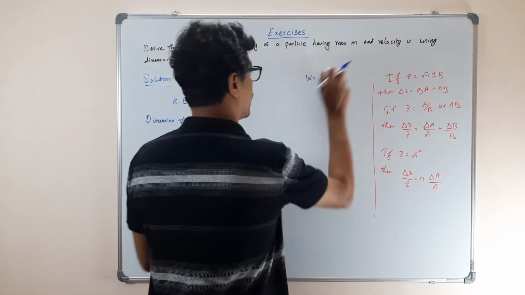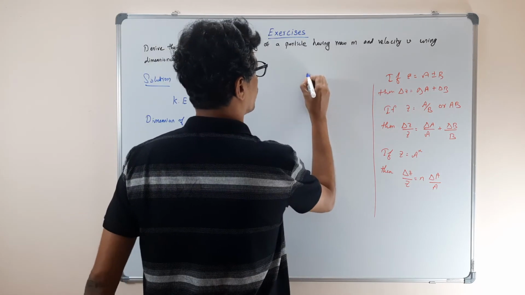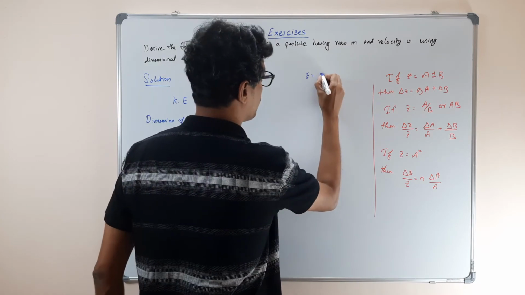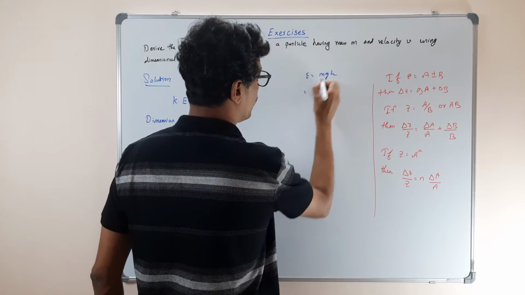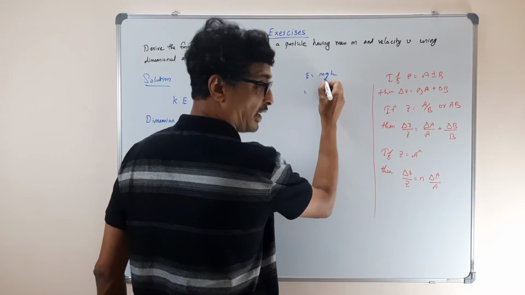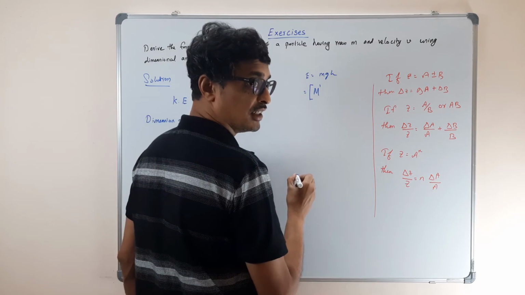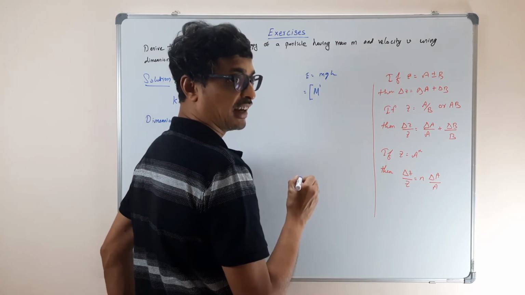Okay. So let me write out mgh, if that is the formula you remember, for example. Then you put mgh. You know m is equal to what? Mass, right? So its dimension will be M to the power of 1. g is what? Velocity per second.